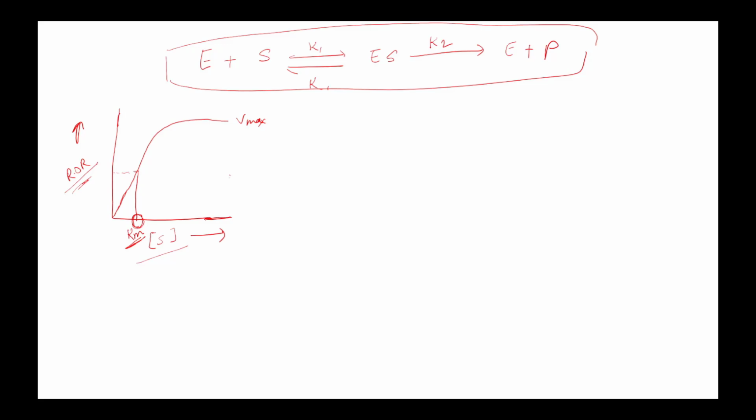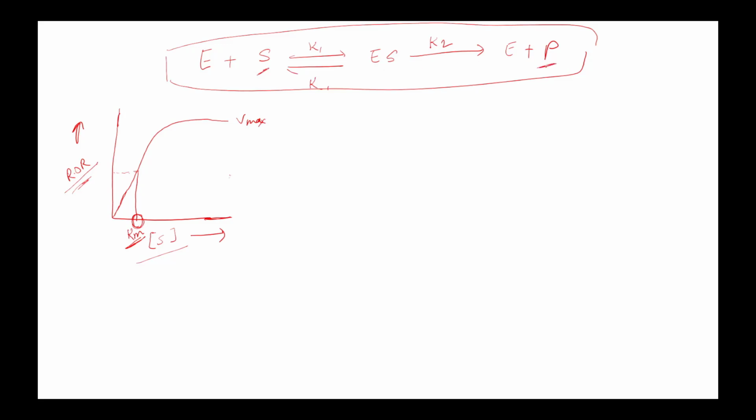Talking about enzyme kinetics, the rate of reaction we can express in terms of either the rate of disappearance of the substrate or the rate of appearance of the product.